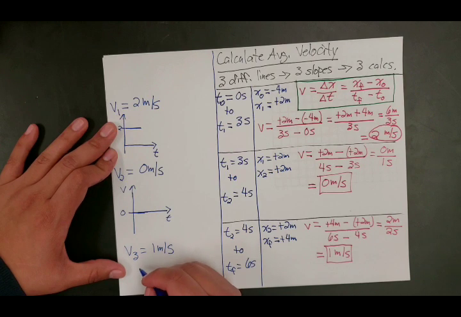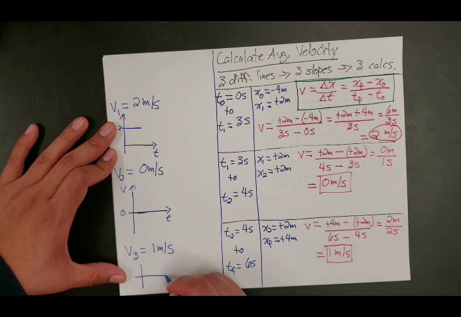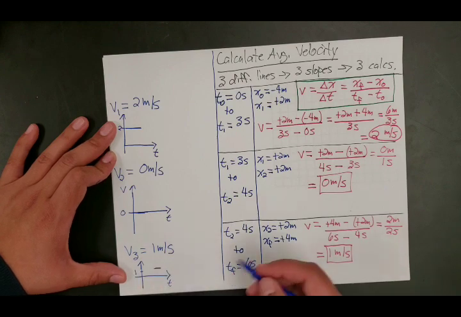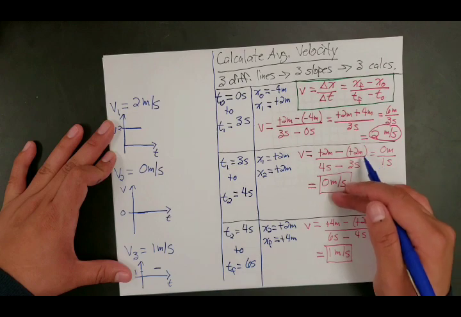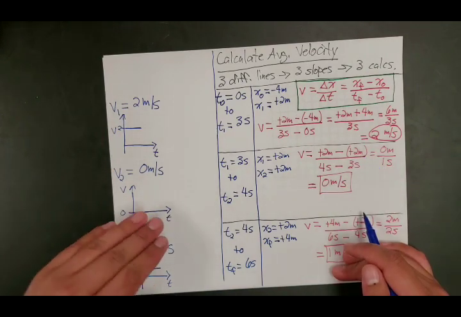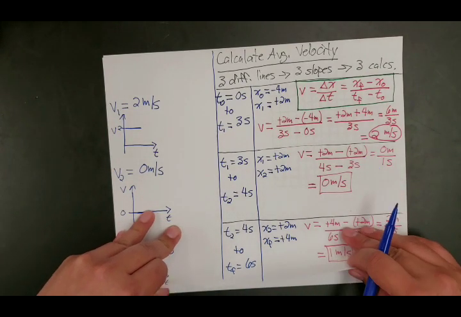And then our final graph, velocity versus time, that flat line is going to be at 1 meter per second. So each of these is going to produce just a flat horizontal line in our velocity versus time graph.